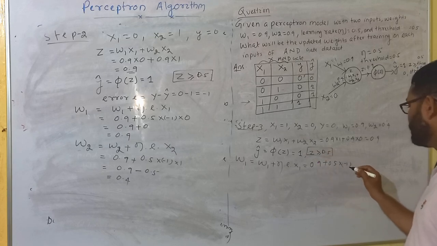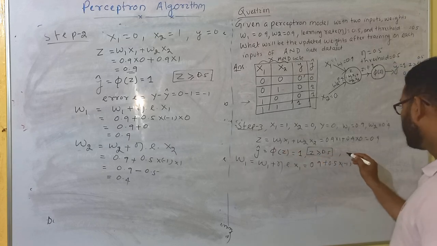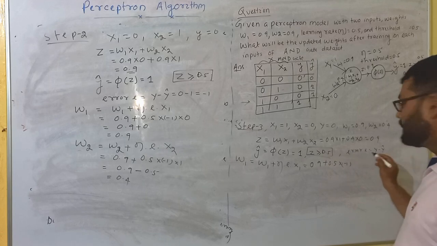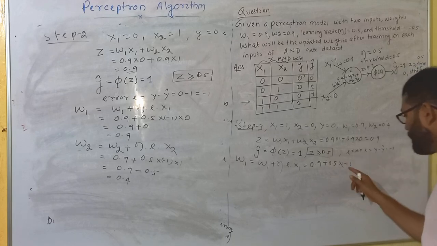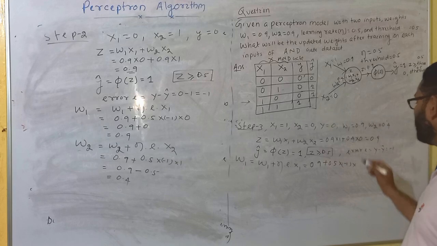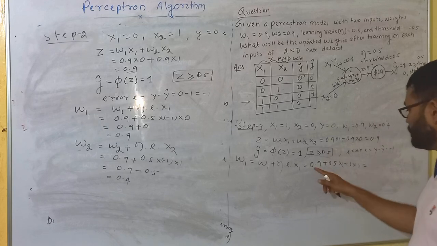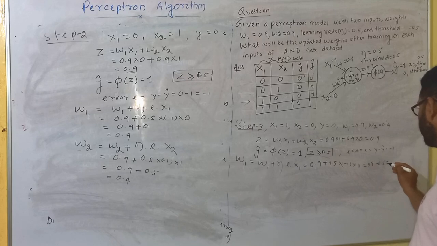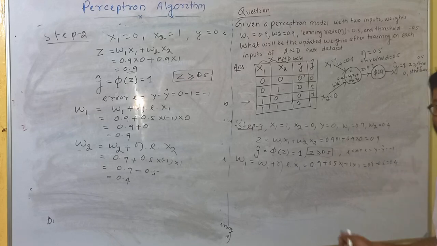Here you write error is equal to y minus y cap, which is 0 minus 1. And what is x1? X1 is equal to 1 here. So 0.9 minus 0.5 is going to give me 0.4. So this is 0.4.